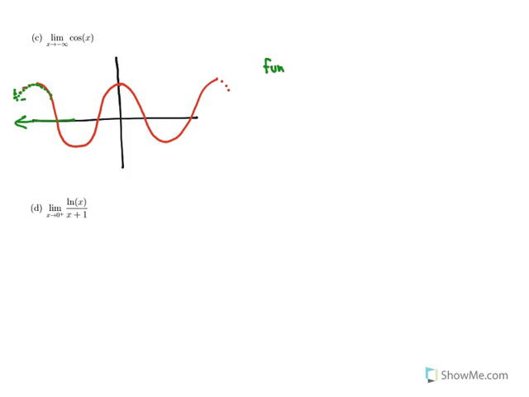And we can see that the function bounces back and forth between -1 and 1 and everything in between.